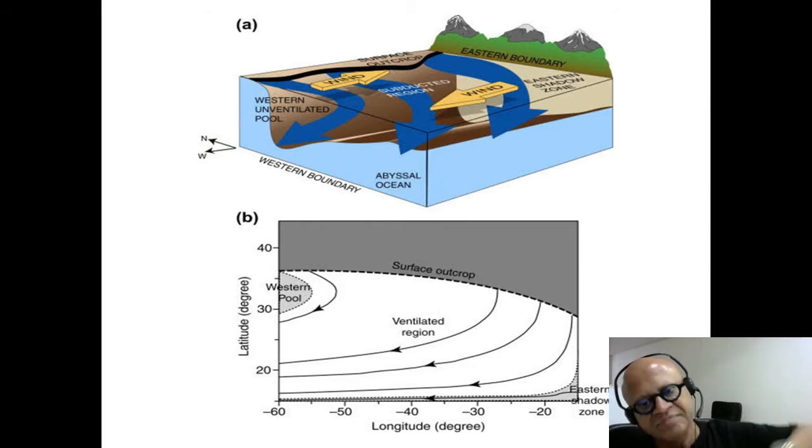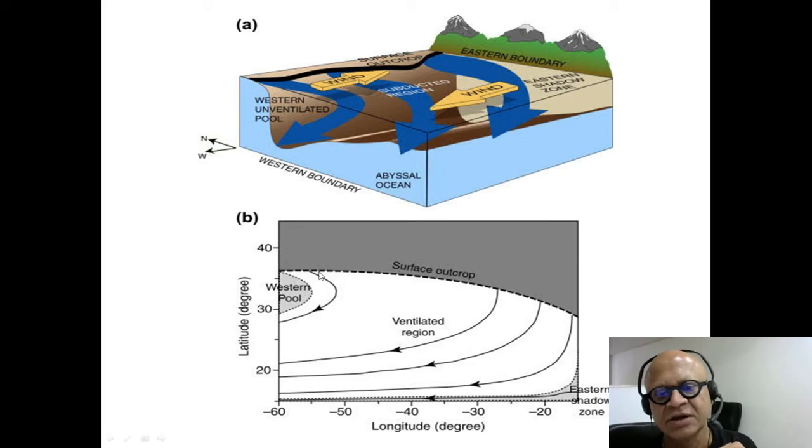That can then come down, so you can see that you get these regions called ventilated regions because they are being exposed to the atmosphere through the outcrop. And there are regions where the isopycnal actually is completely in the shadow of any forcing. That's called the shadow zone. And there are regions where it gets homogenized by various processes. That's called the western pool.